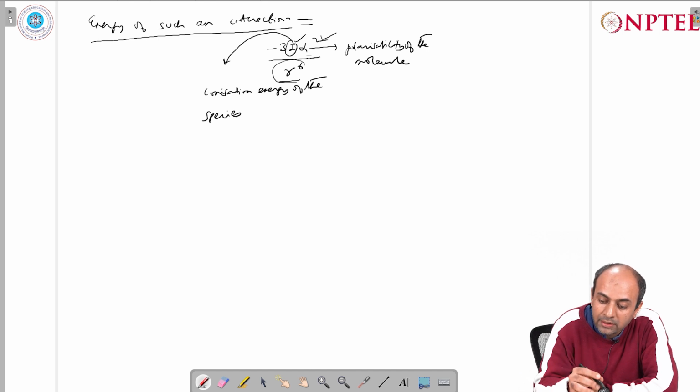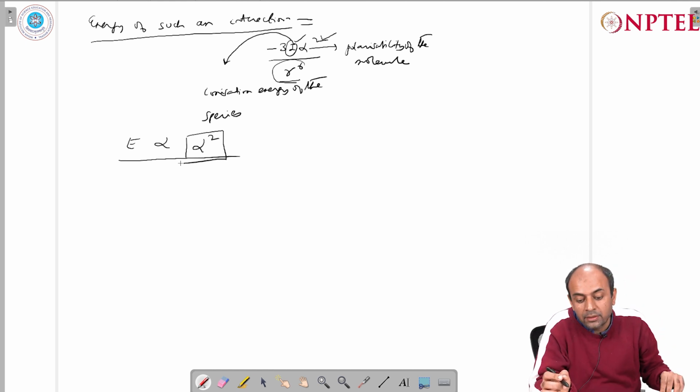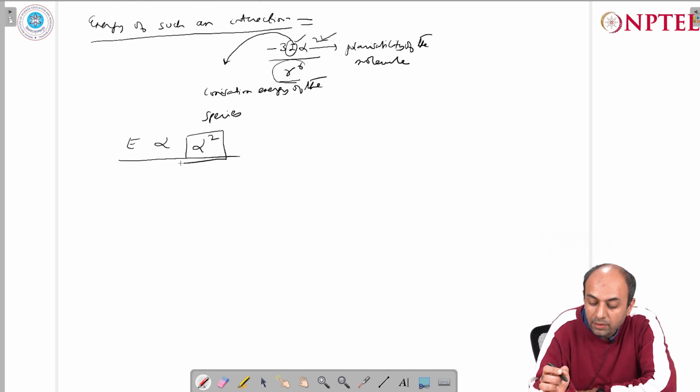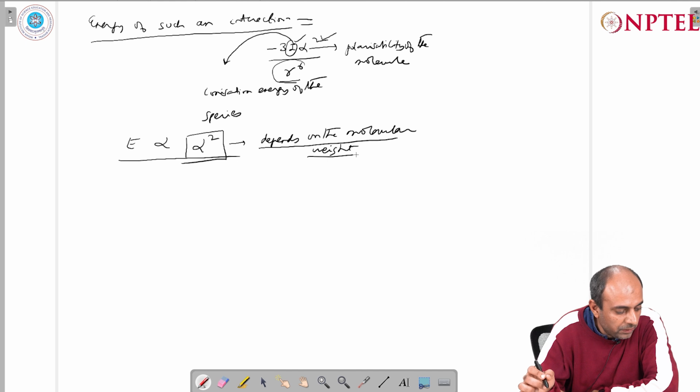So directly we can see that the energy is proportional to α², that it is proportional to the polarizable electrons, and the number of polarizable electrons depends upon the molecular weight of the species.